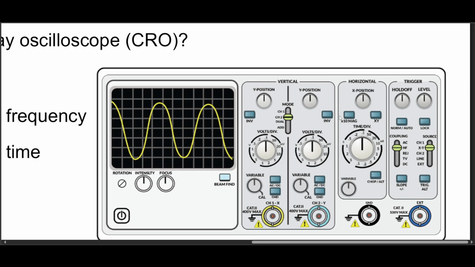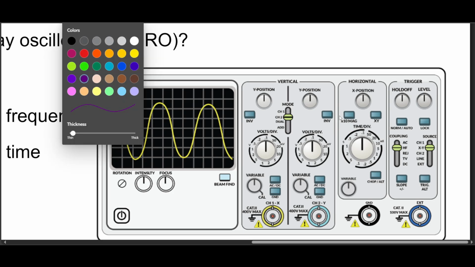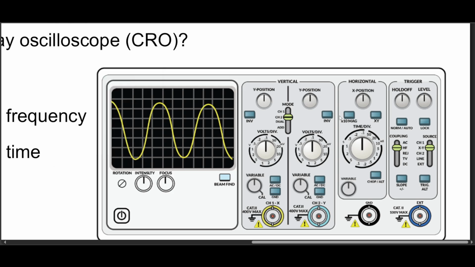Notice for the time division over here, what's written actually. So this is time divided by div. Div is, let me rewrite this. This is time divided by div. And all these readings on this dial are actually represented in a similar fashion.